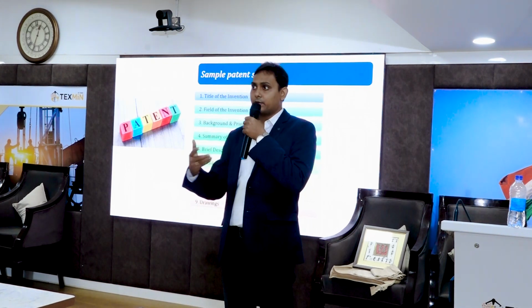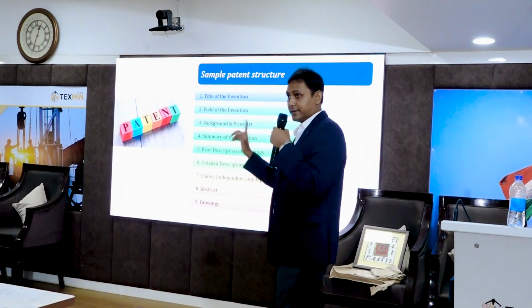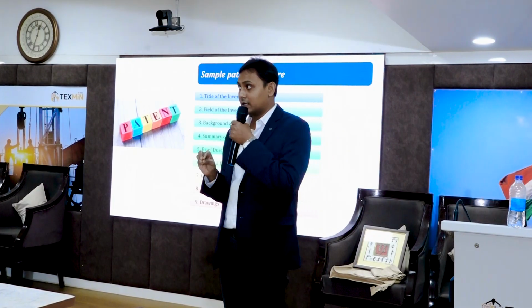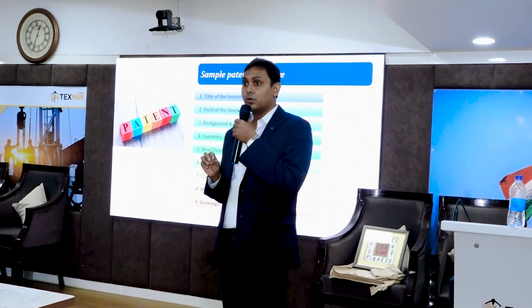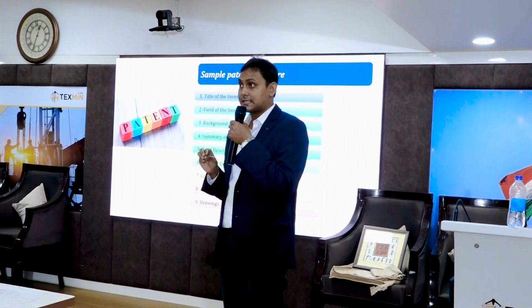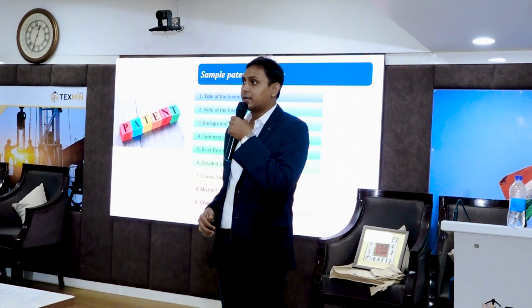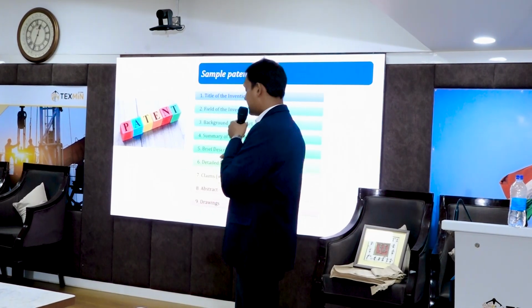For that reason, we are filing this patent specification. This background section is very important because you have to clearly write what the problem is. If you do not showcase the problem-solution statement in a clear way, the examiner would not be able to understand and will raise an objection. So this background section is very important.